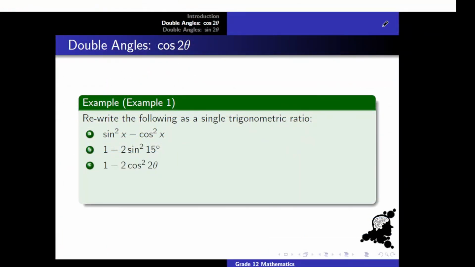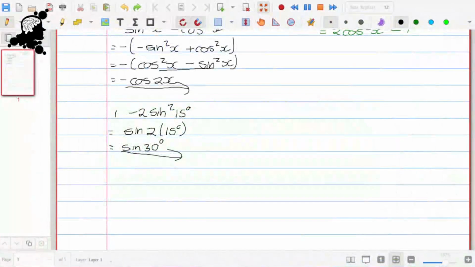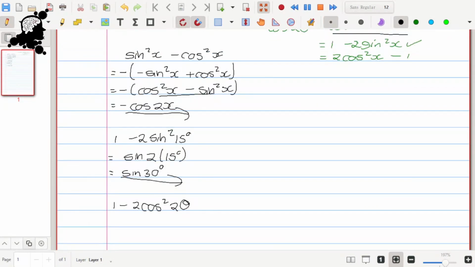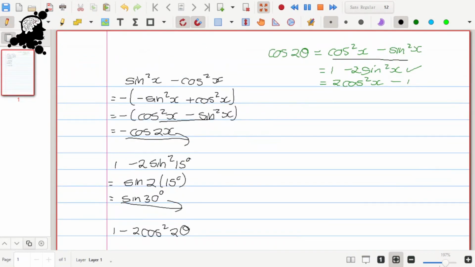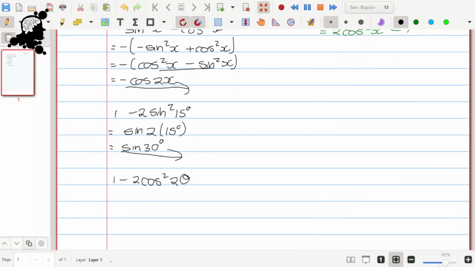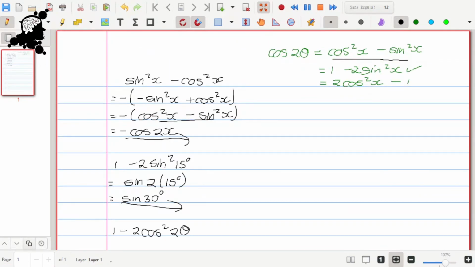You've got 1 minus 2 cos squared 2 theta. I like this one. Let's scroll up and look at our identities. We do not necessarily have an identity that matches. Our question has 1 minus 2 cos squared 2 theta, while our identity has 2 cos squared x minus 1.